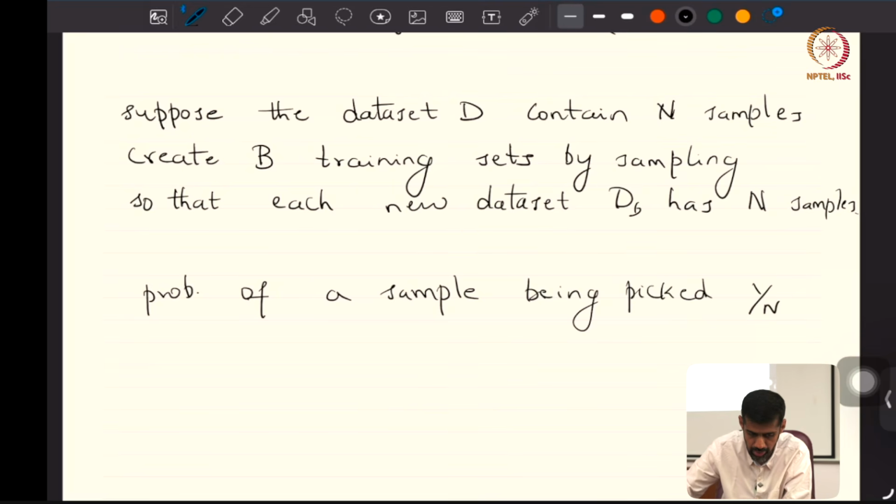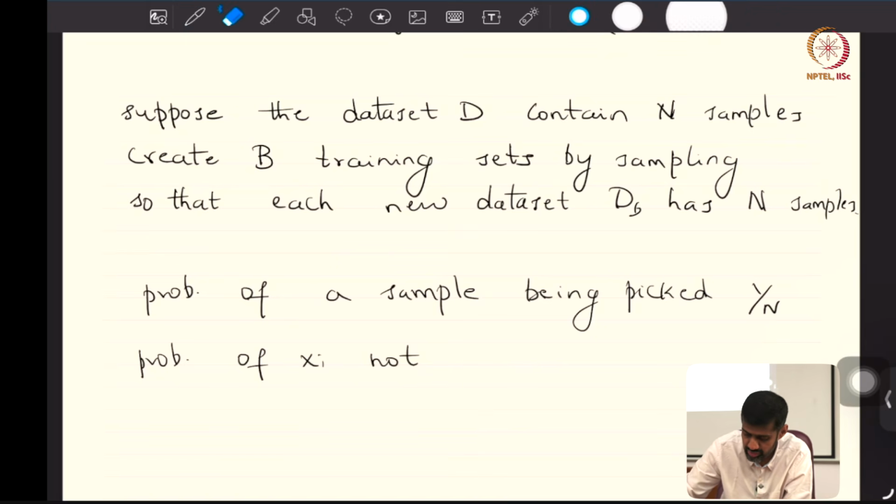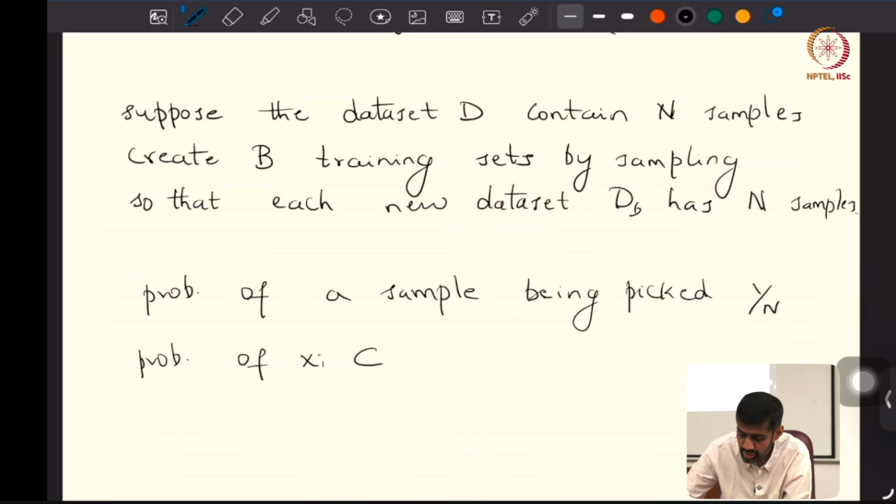What is the probability of xi not being a part of a data set Db? How do we calculate this? 1 minus 1 over n. 1 minus 1 over n is the probability that a sample is not picked in one draw. If you do n draws, you will have to multiply this n times.